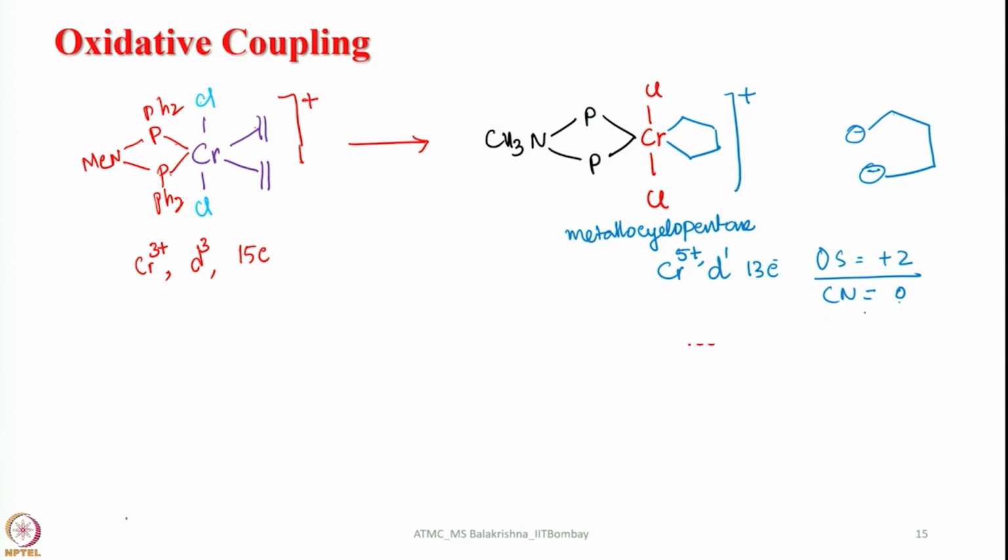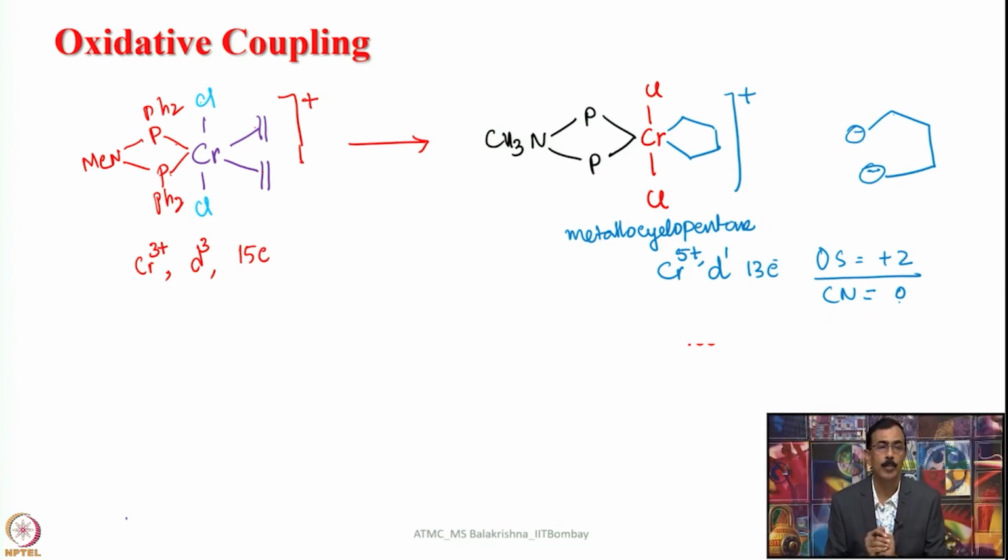So, this is also a typical oxidative addition reaction, but here since 2 independent ligands are coupled, we call it oxidative coupling. This oxidative coupling is happening with a non-electrophilic intact ligand.